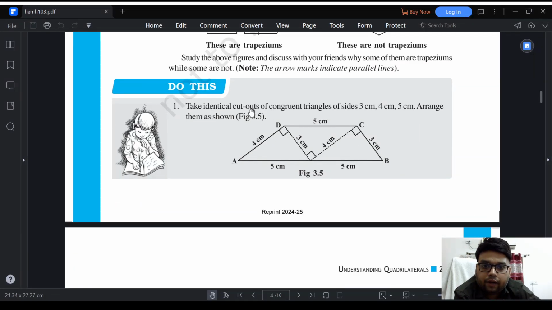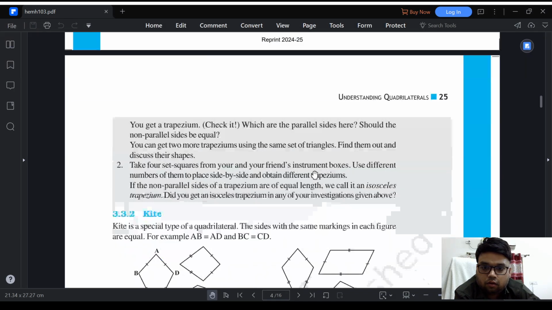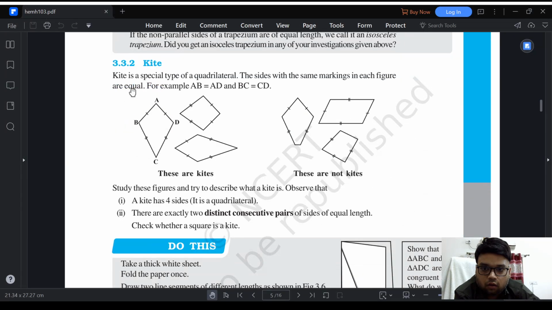Take identical cut-outs of the congruent triangle 3, 4, 5 and arrange them as shown here. 3, 4 and 5, the triplet. Now further you get a trapezium. What are the parallel sides here? Now kite is a special type of quadrilateral. The sides of the same marking in each figure are equal.